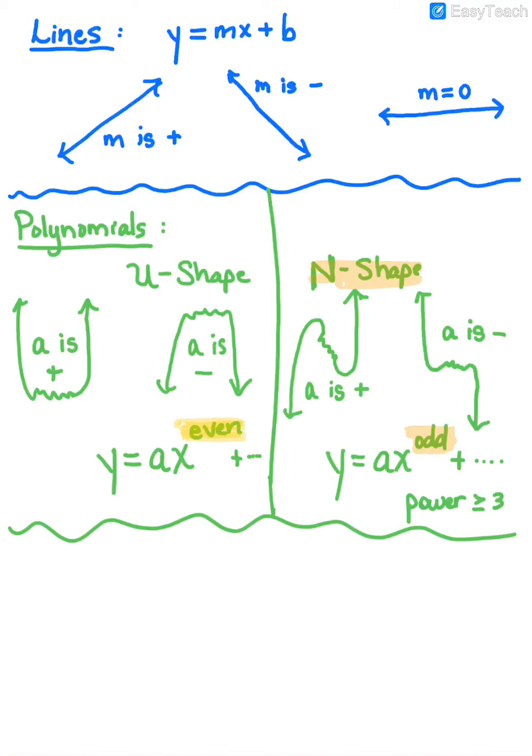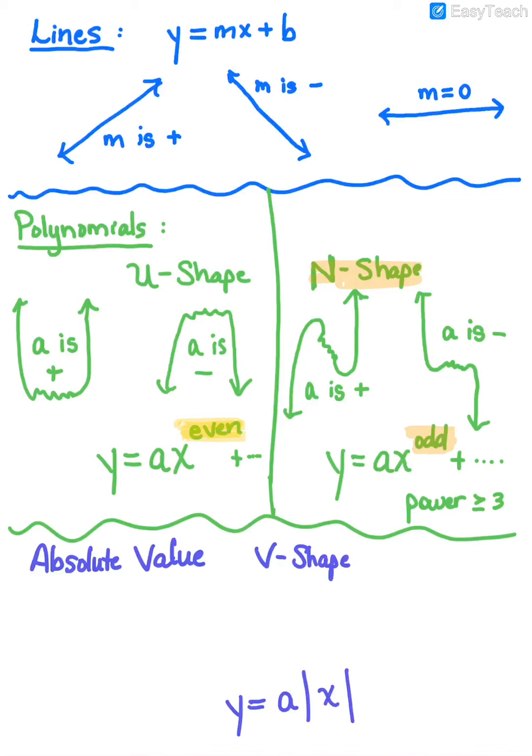Okay, so the next type we're going to talk about is absolute value graphs. And on the absolute value graph, we consider this a V-shaped graph. Okay, so with the actual function, again, a is just a coefficient, and then you have the absolute value of your variable x.